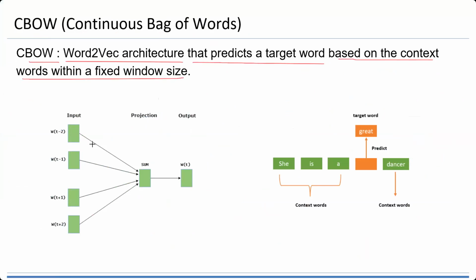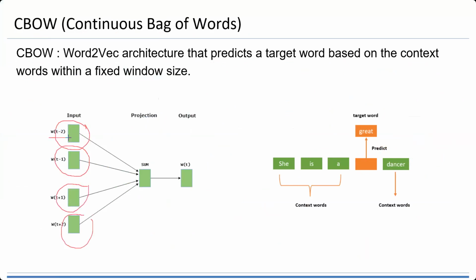Different from the skip-gram, where you have the center word and then predict t minus 1, t minus 2, t plus 1, and t plus 2, for the continuous bag of words we give the context. The context means the words at t minus 2, t minus 1, t plus 1, and t plus 2. And the output is the possible word at time t.